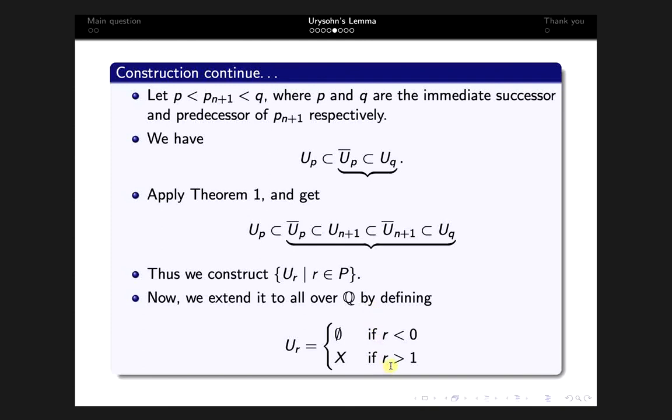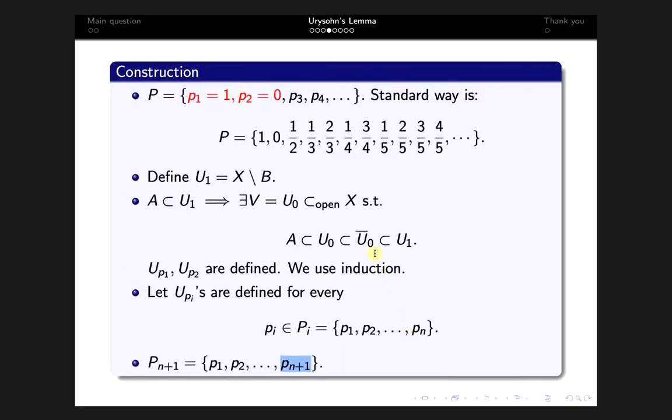So for every R greater than 1, b belongs to UR, basically UR equal to X. So b belongs to capital B means b belongs to X. Okay, so b belongs to UR for every R greater than 1, and U1 equal to X minus B.